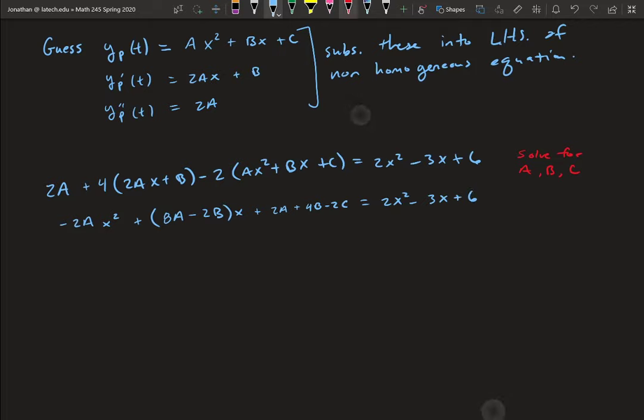And now compare the coefficients on both sides.